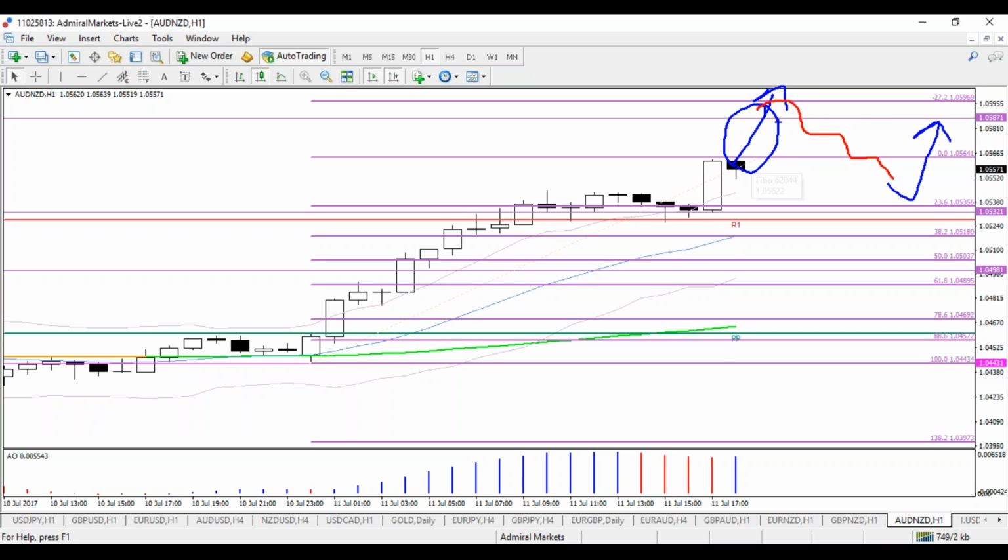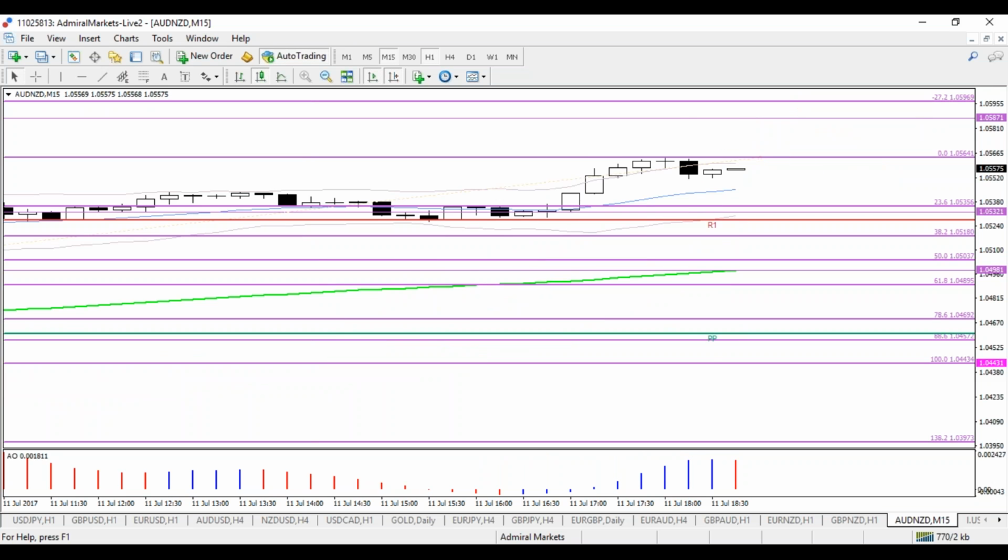So probably then I would not trade this zone unless there's maybe a 5 or 15-minute chart that might still be worth it. Let me take a look.